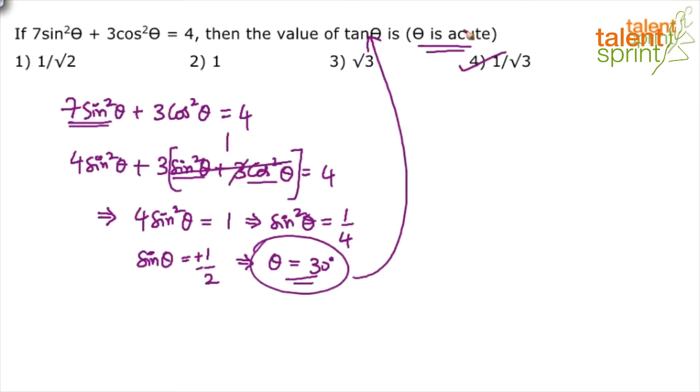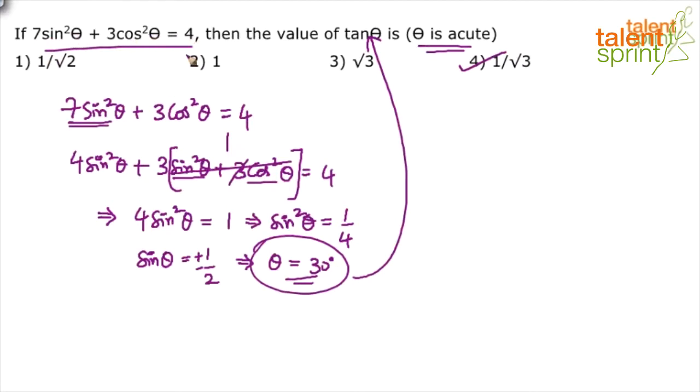Now, why did we follow this method here, right? Why didn't we go for substitution? We have been discussing that most of the questions from trigonometry and algebra can be solved using substitution. So why didn't we try it out here? See, the point to be noted is the given trigonometric equation is not very easy where you can go for random substitution, like 7 sine squared theta plus 3 cos squared theta equals to 4.